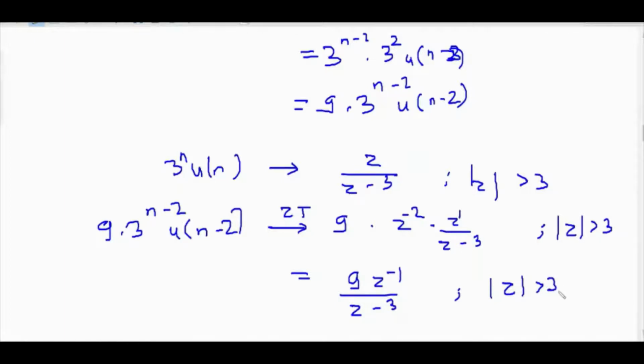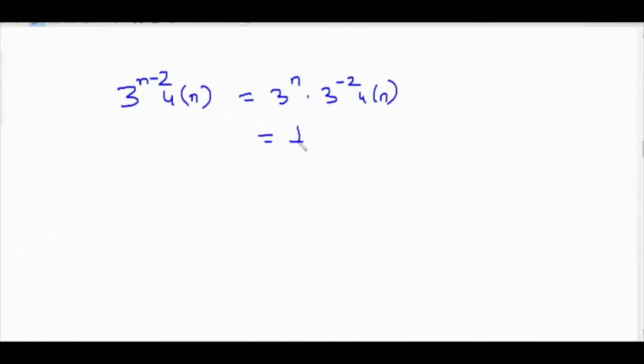Now one more example. 3 raised to power n minus 2 u of n. Here I don't feel that you should apply the time shift property. Instead, this can be written as 3 raised to n dot 3 raised to minus 2 u of n. 3 raised to minus 2 means 1 upon 3 squared, that is 1 by 9, dot 3 raised to n u of n.